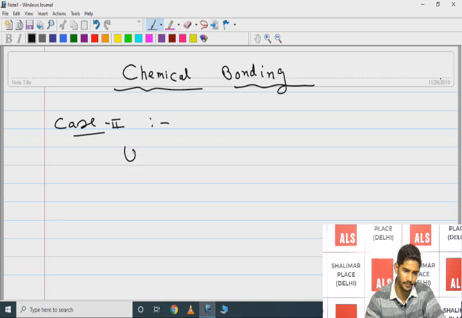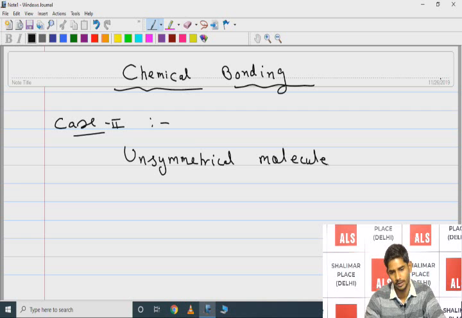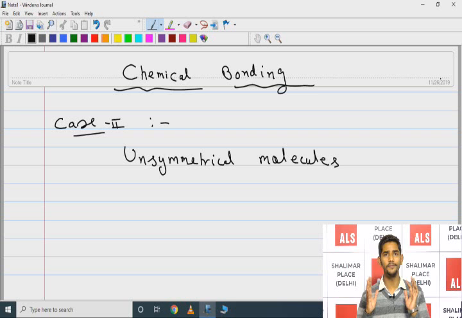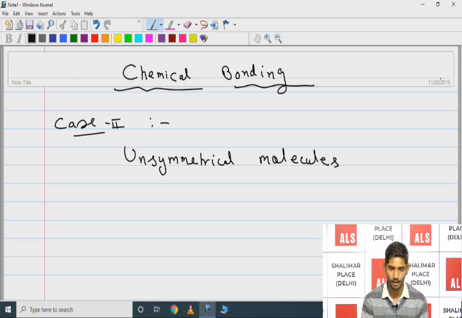Case 2, unsymmetrical molecule. Guys, these are molecules where we won't get any symmetry. Or we can say if all bond pairs are not present in a molecule, if there is a lone pair, that will also result in an unsymmetrical molecule.